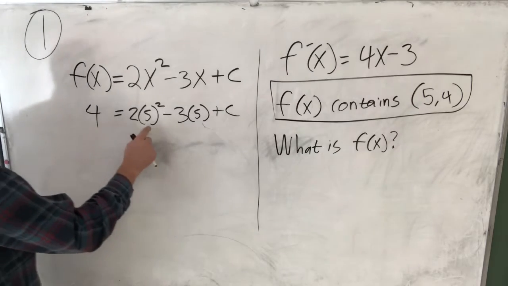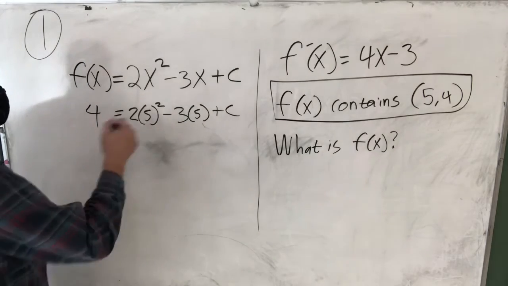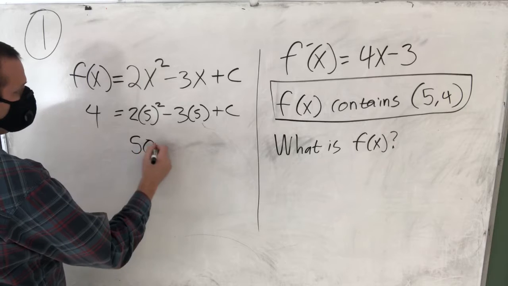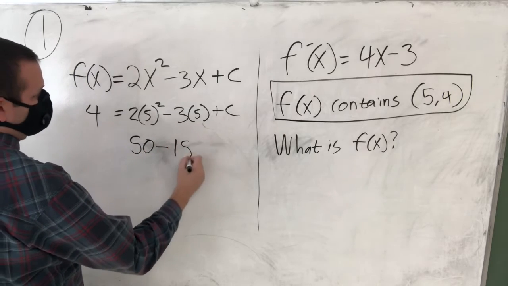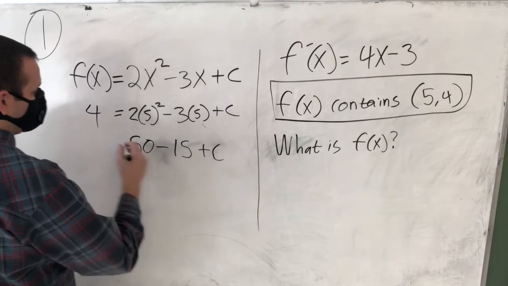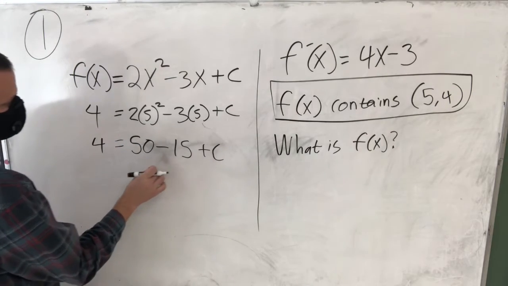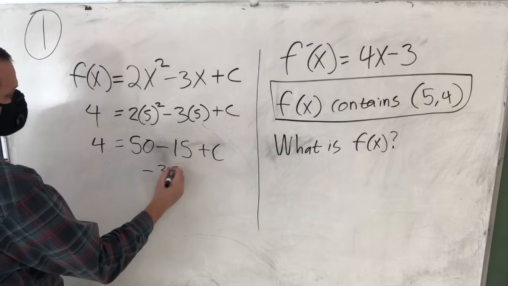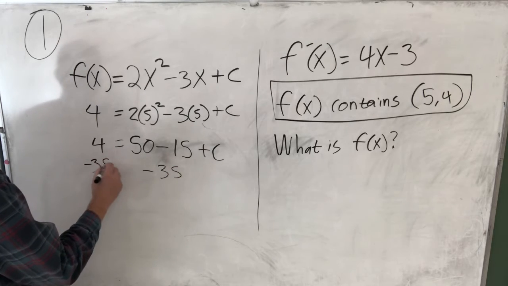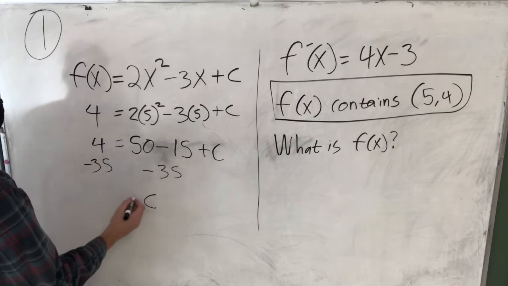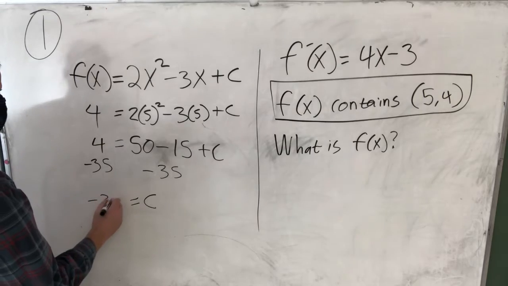So 2 times 25, 5 squared is 25, is 50. Minus 15 plus c. Let's see here, this is 35, so let's subtract 35 from both sides. Looks like c would have to be negative 31.